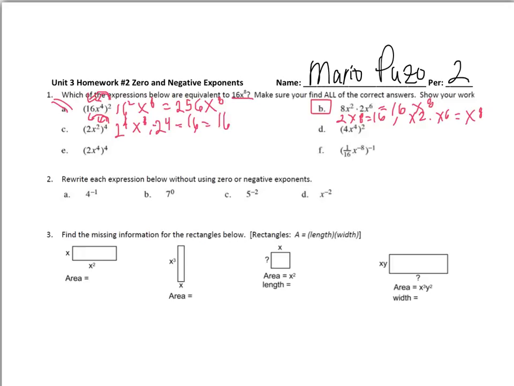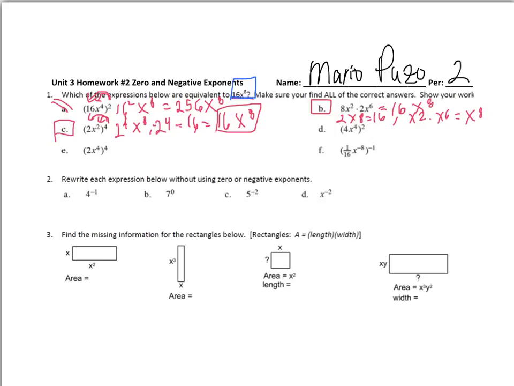Therefore, 16x to the 8th is our answer. And C is another example of an answer that adds up to 16x to the 8th. Check D, E, and F, and I'm sure you will find perhaps even at least one, if not more than one more correct answer.